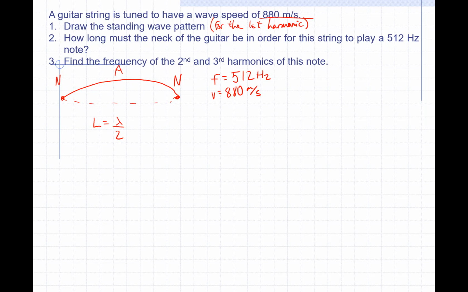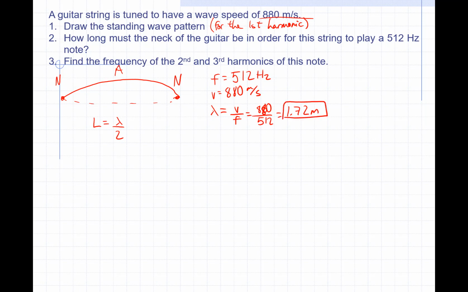So we can figure out what the wavelength needs to be. Lambda equals, from the wave speed equation, speed over frequency. So 880 over 512, 1.72 meters.